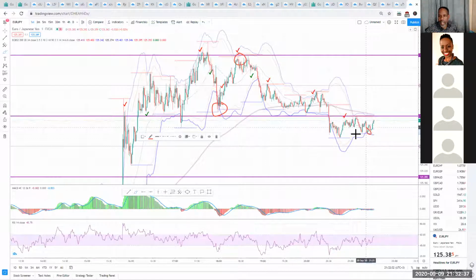From here, up to here. How many minutes is that? That is less than 10 minutes. But in binary, you only need to predict a higher price. So for me, I would only want to predict from here up to here. And that's only 3 minutes.